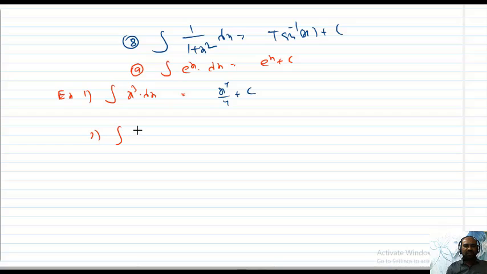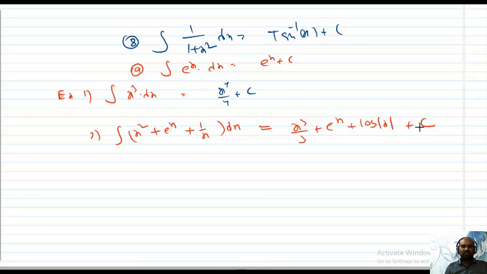Okay, the integral of x square plus e power x plus 1 by x dx is given, provided x is not equal to 0. So what I can say, this is nothing but x cube by 3 plus e power x plus logarithm of mod x plus c.